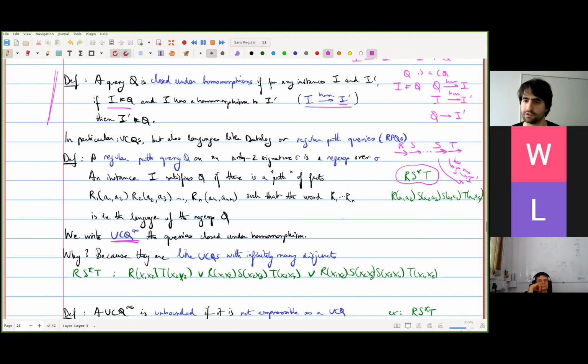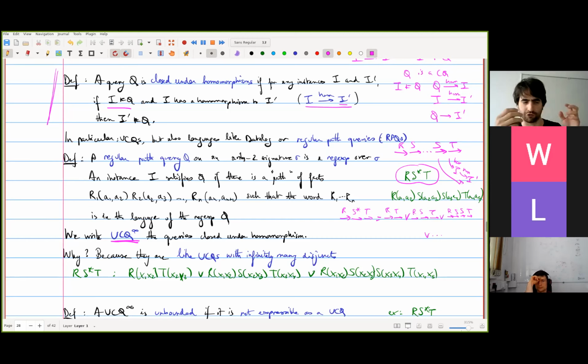So for instance, this R S star T query is just a disjunction over all of these conjunctive queries, or this, or this, and I have infinitely many disjuncts.